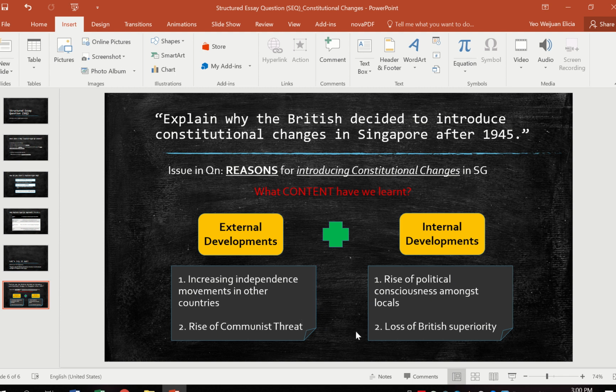Whichever point that you choose to PEEL, remember you would have to link back to the issue in the question. For example, if we talk about increasing independence movements in other countries, you must be able to explain how this event actually forced the British to introduce constitutional changes.